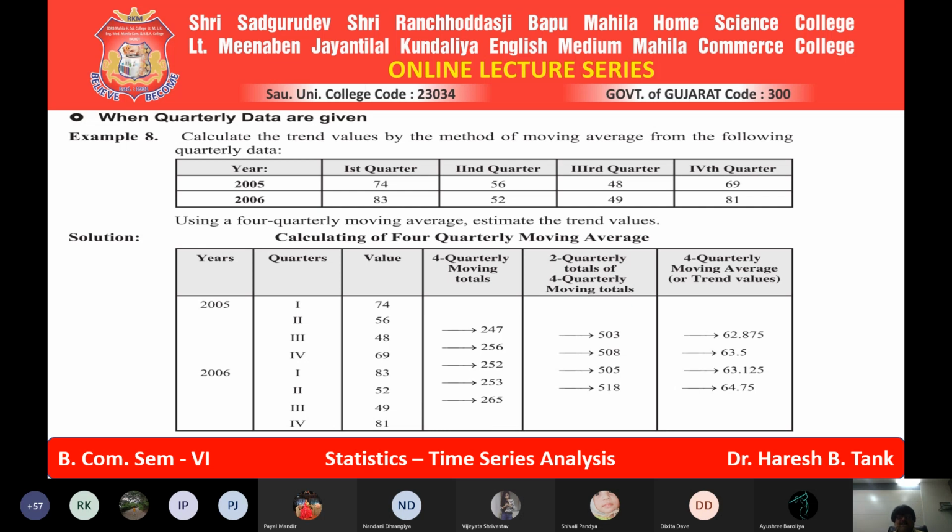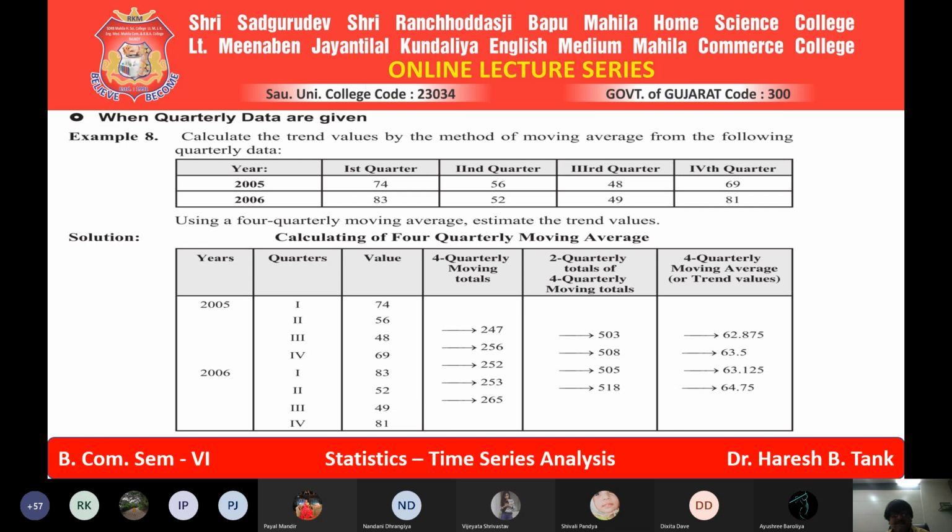Similarly, skip the first 2 elements. Make a bunch of 2. 252 and 253 is 505. That is to be written in between 252 and 253. So naturally it comes against the first quarter of 2006.